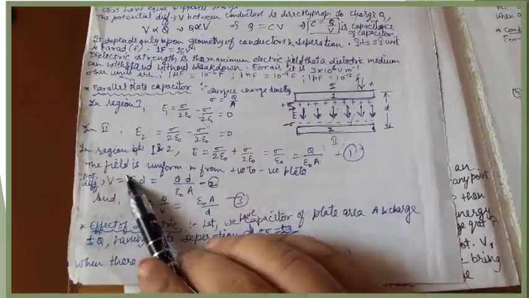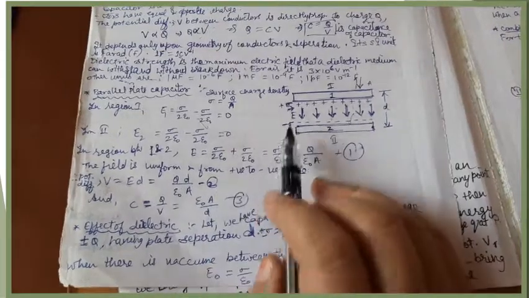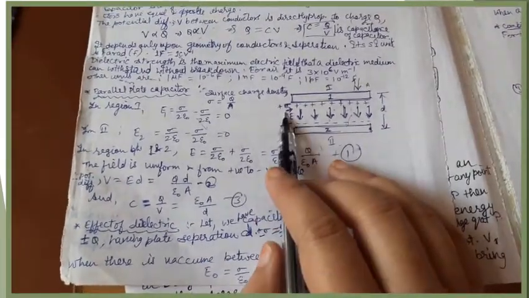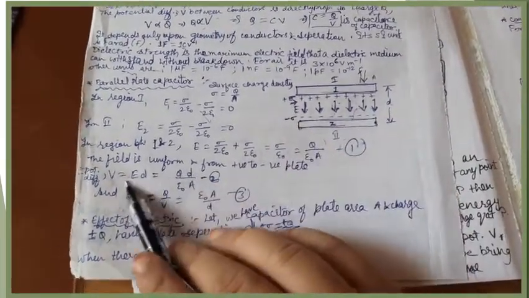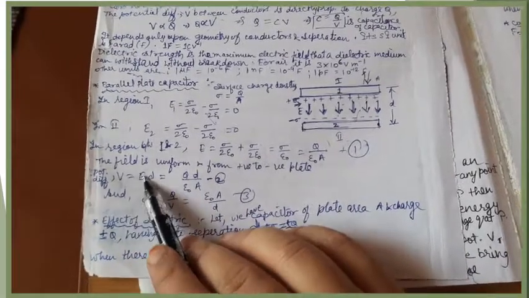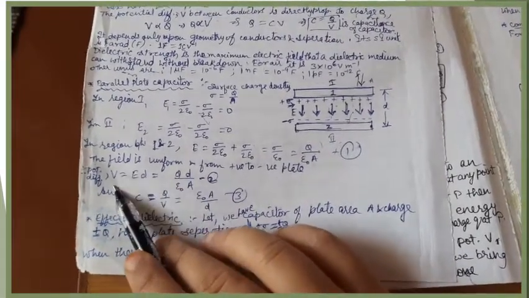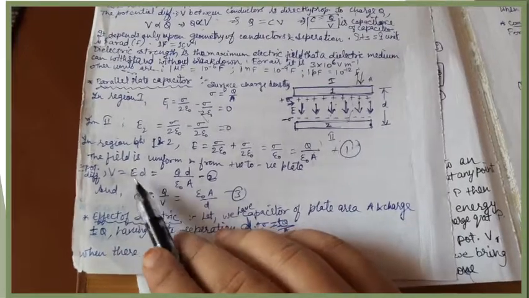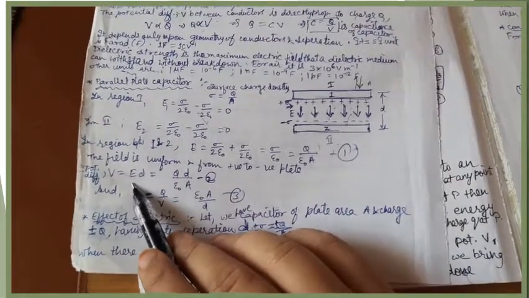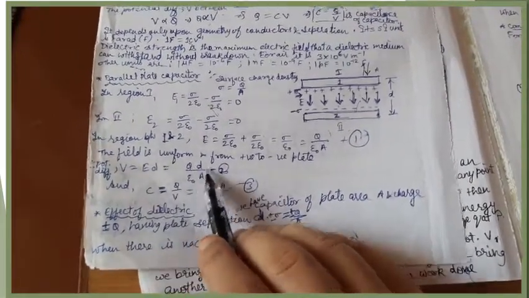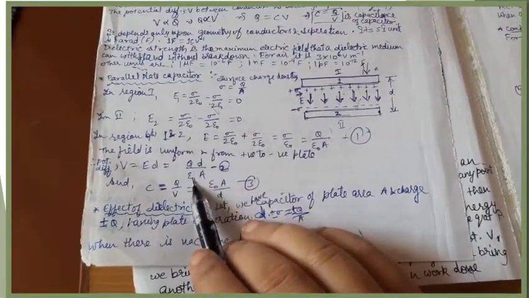This is the expression for the electric field between the plates of a parallel plate capacitor. The field is uniform and its direction is from the positive to the negative plate, as shown in the diagram. Now the potential difference V is given by E into d. You are familiar with this relation between V and E. When I substitute the value of E here, I have this expression for the potential difference.